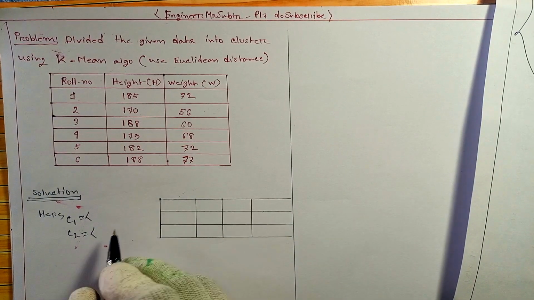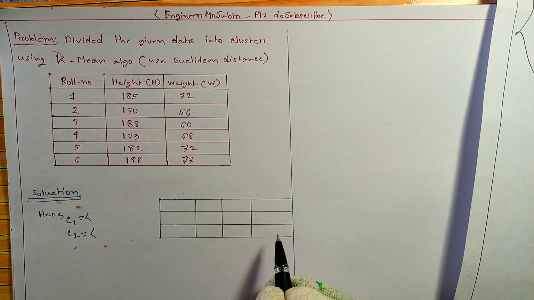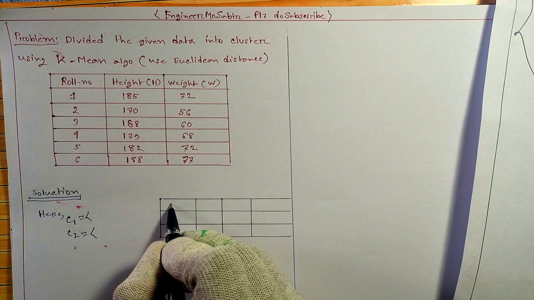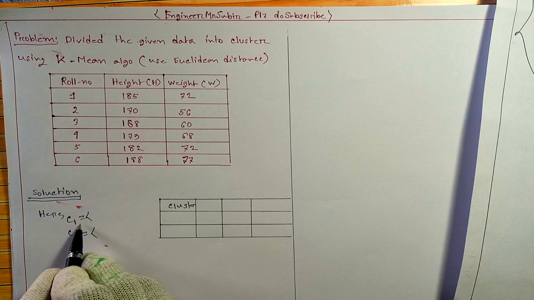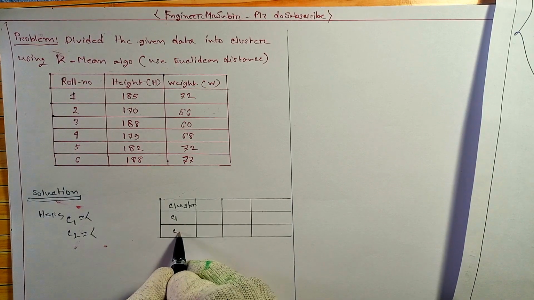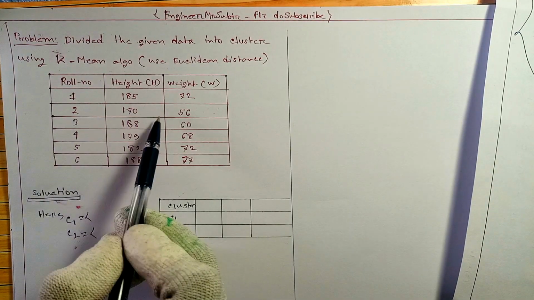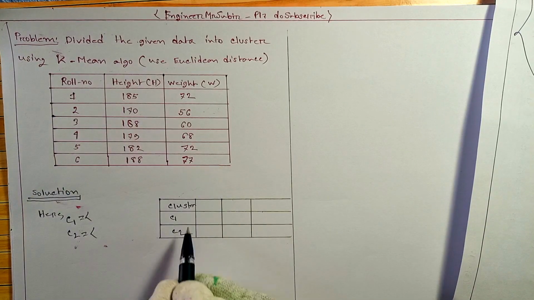Okay, at first we have to make this type of table. This is for cluster, cluster 1 as c1 and c2. Now whatever values are given in the table, you have to put the first value in the first row.